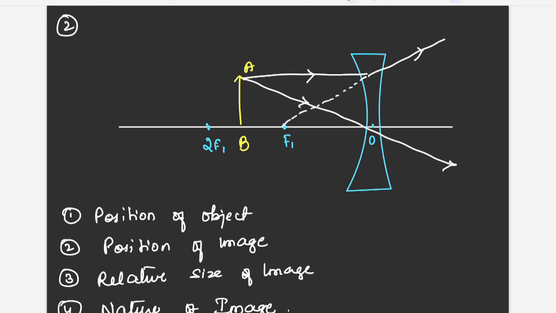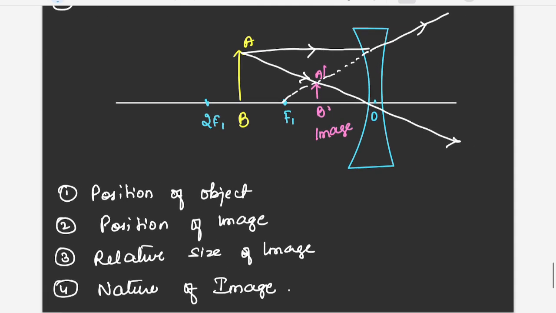Now where these two lines meet, where the two refracted rays are meeting, this is the point where the image is formed. So this is A dash and B dash. This is the image which is formed.